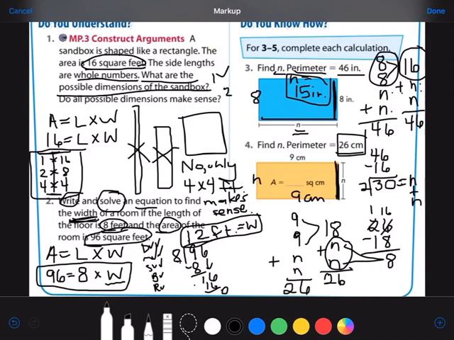I just need to know one n. Well, n plus n equals 8. 8 divided by 2 is 4. 4 plus 4 would give me 8. N is equal to 4 centimeters. Good job. Here's my 4 centimeters down here too.